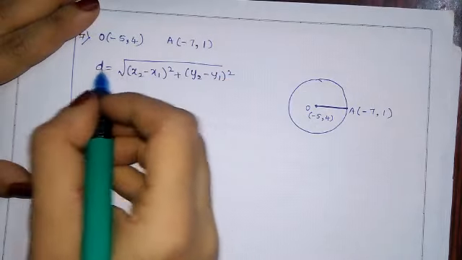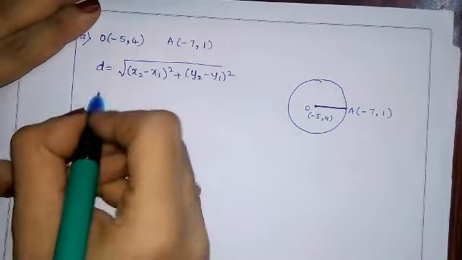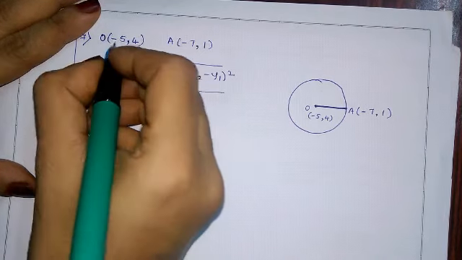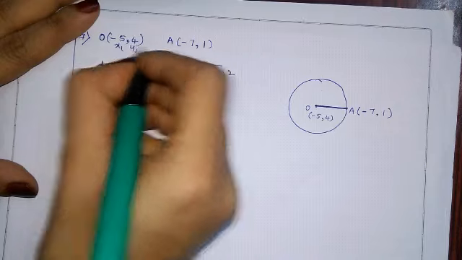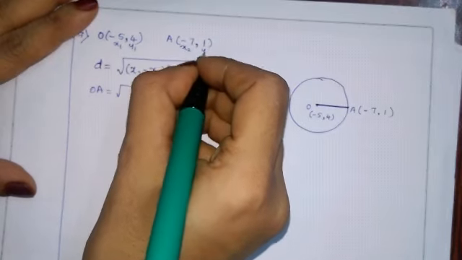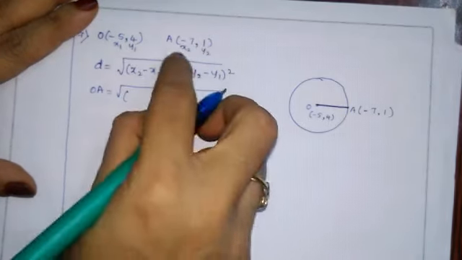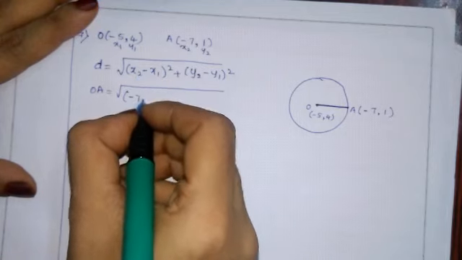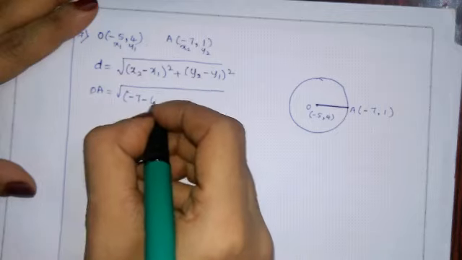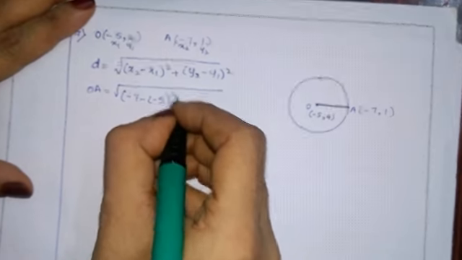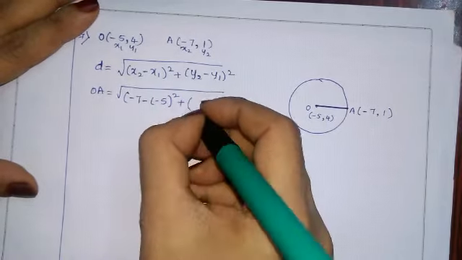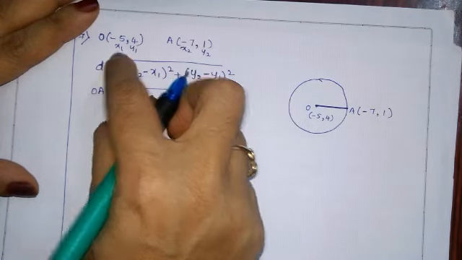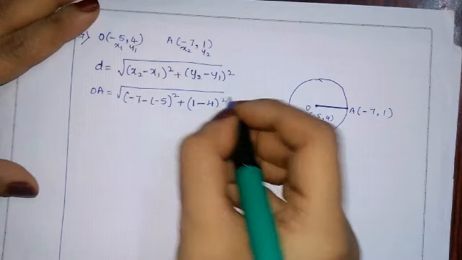So radius OA is equal to root of, first point is x1, y1, second point is x2, y2. Now x2 is minus 7, minus x1 which is minus 5, whole square, plus y2 value is 1 minus y1 which is 4, whole square.